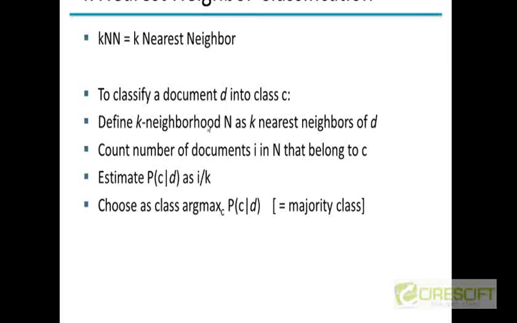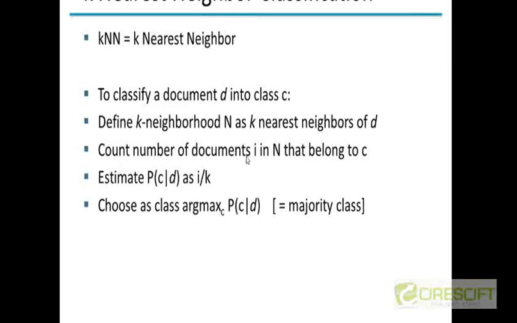We look at the k closest documents to the document D, and we count how many of these k neighbors are colored red, how many of them are colored green, how many of them are colored purple, and so on. We pick the color that appears the maximum number of times among those k colors.